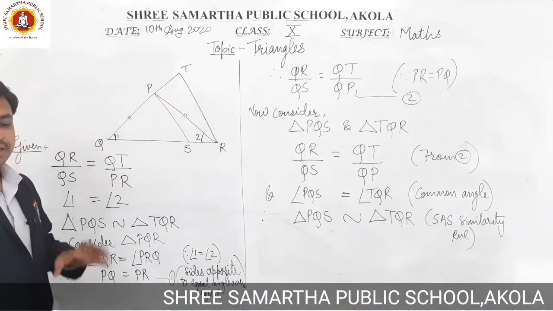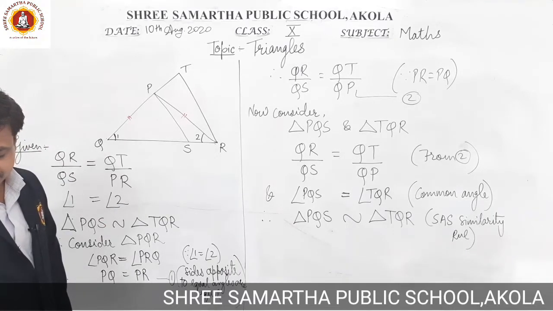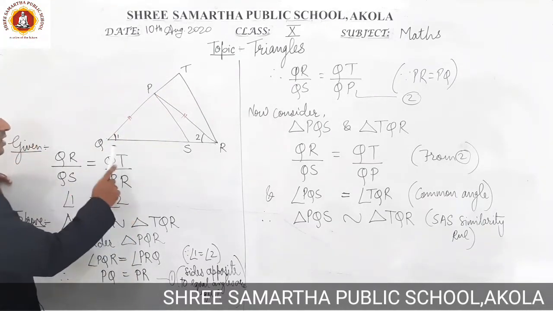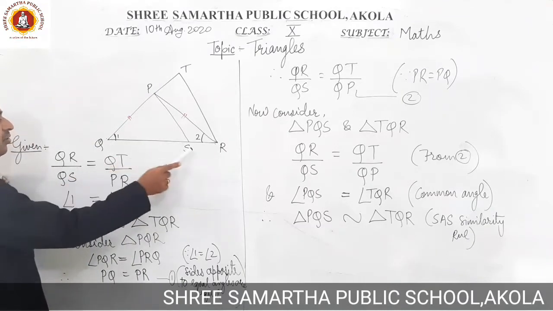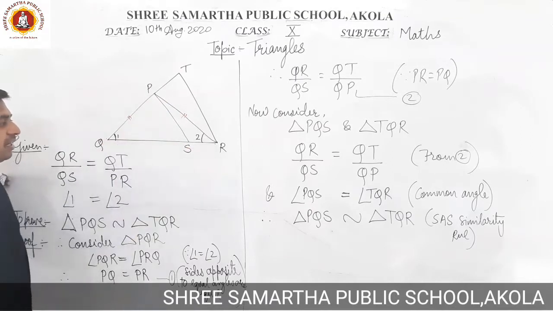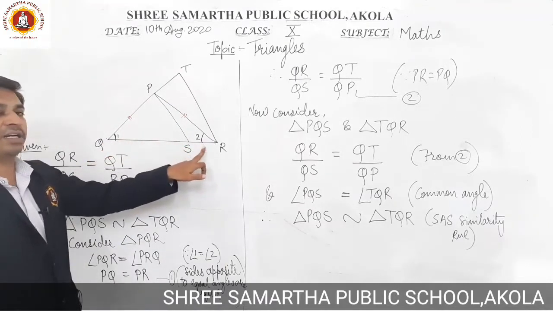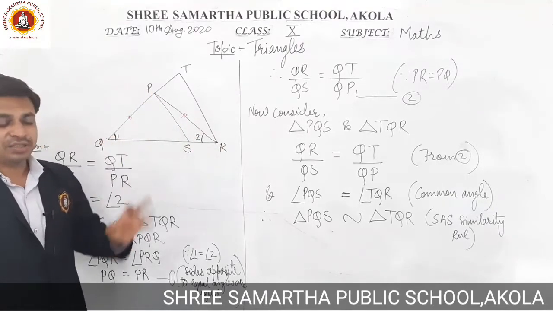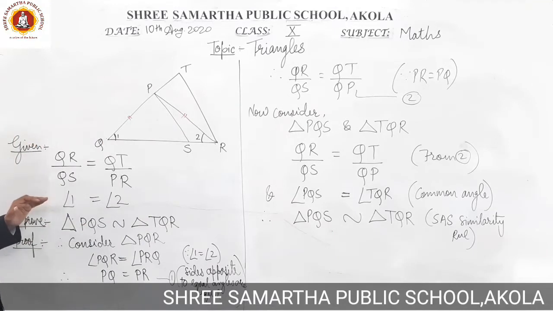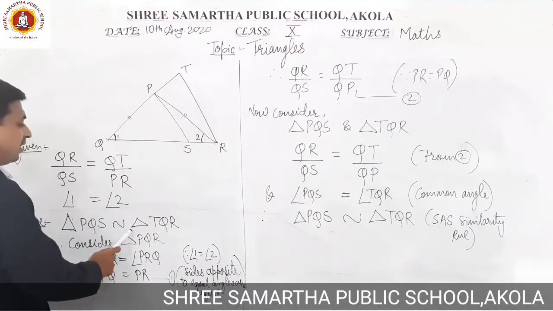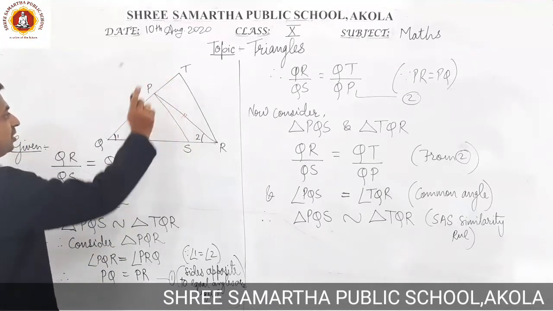Understand, dear students? See, once again concentrate here. What is given first of all is that QR by QS is equal to QT by PR, and angle 1 is equal to angle 2, that is angle PQR and angle PRQ. These two angles are given equal. We have to prove that triangle PQS, this smaller one, is similar to triangle TQR, this bigger one.